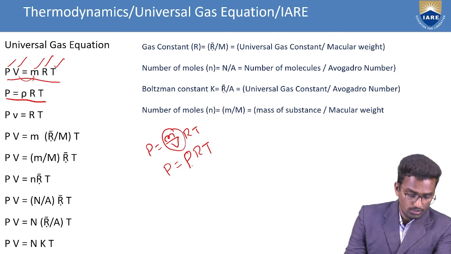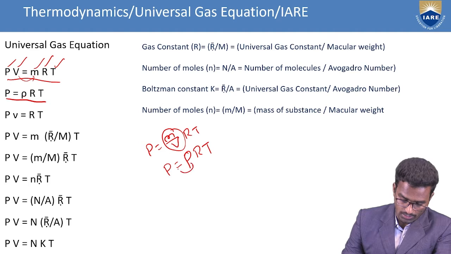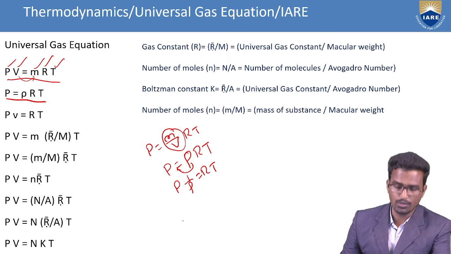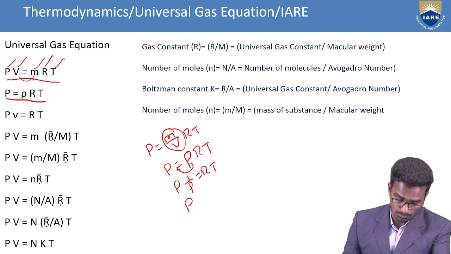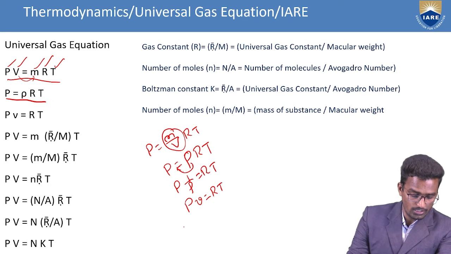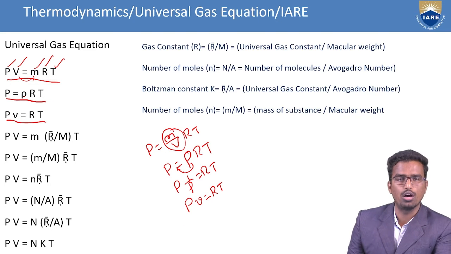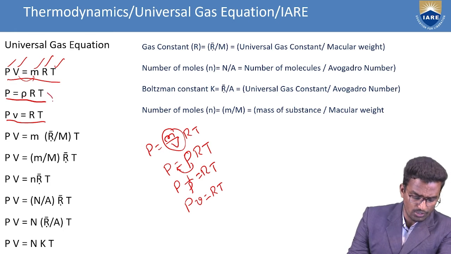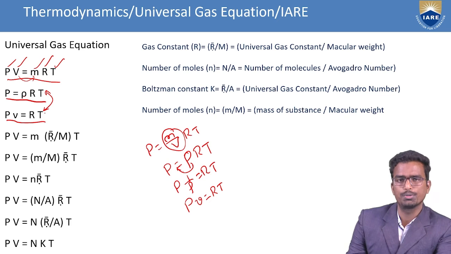If you bring the density to the other side, P = (1/ρ) RT. 1 by ρ, or 1 by density, we also call specific volume. That means P into specific volume is equal to RT, right? So this is the conversion of density to specific volume.